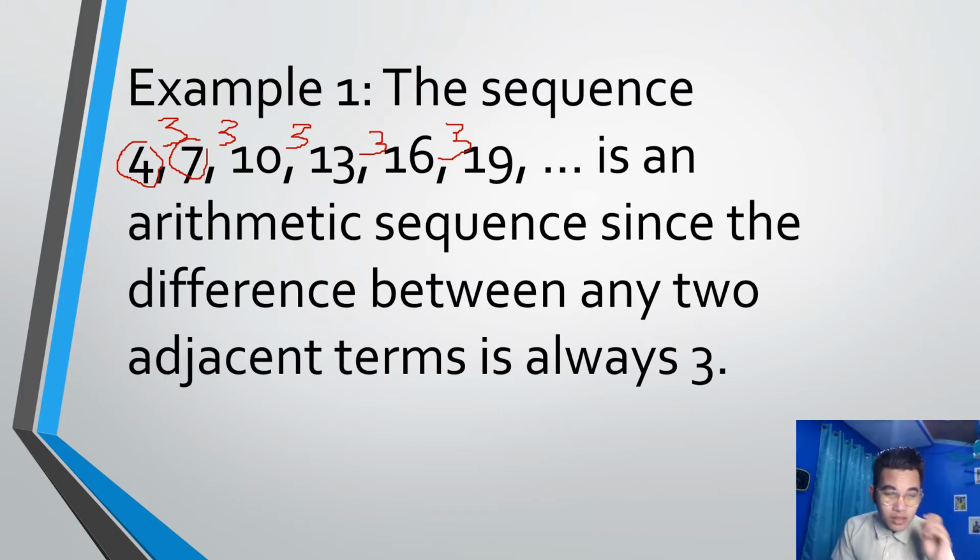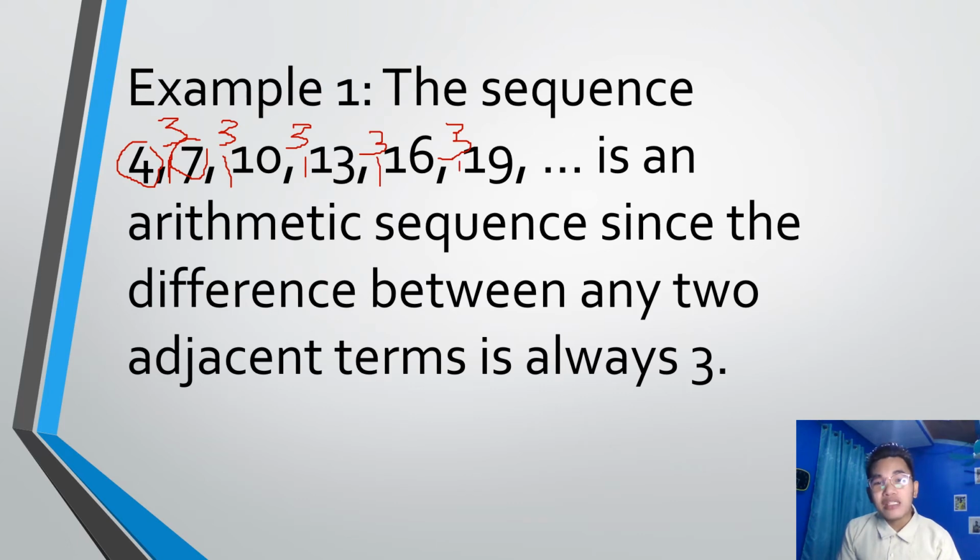So, it is easy to identify the common difference. You can subtract the first term from the second term, or the second term from the third term. So, 7 minus 4 is 3. 10 minus 7 is 3. 13 minus 10 is 3. That is the gap. The gaps should be equal.